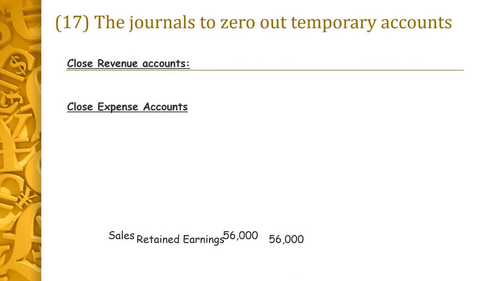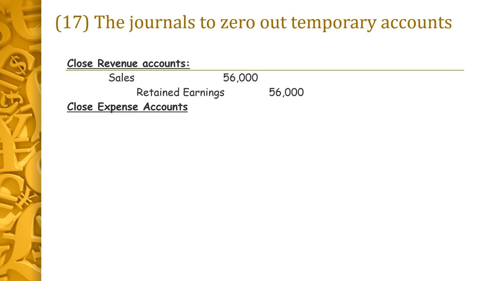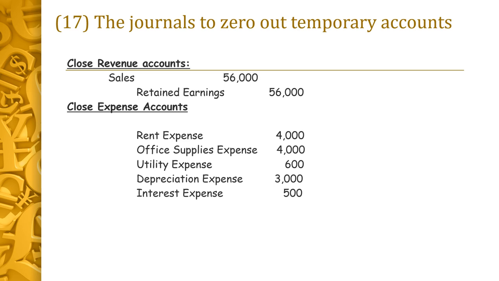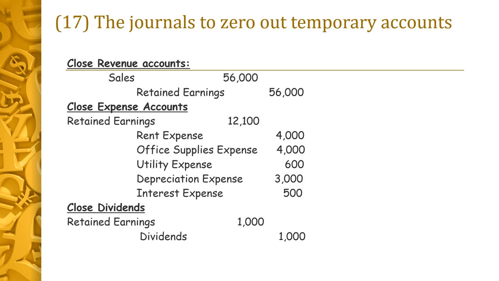So, first we're going to close our revenue accounts. And since sales we know has a credit balance, we need to debit sales and credit retained earnings. Expenses, we know they have debit balances, so we have to credit them to zero them out, and then we're going to debit retained earnings. And the last thing we're going to do is close out our dividends.